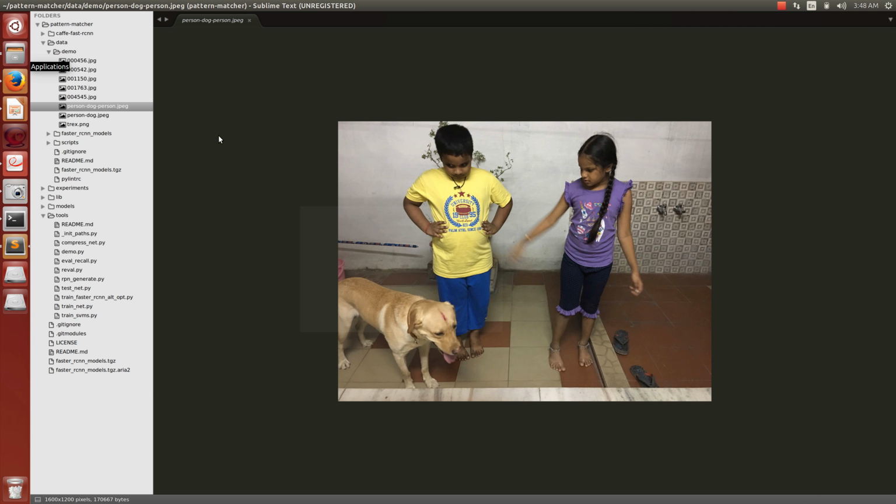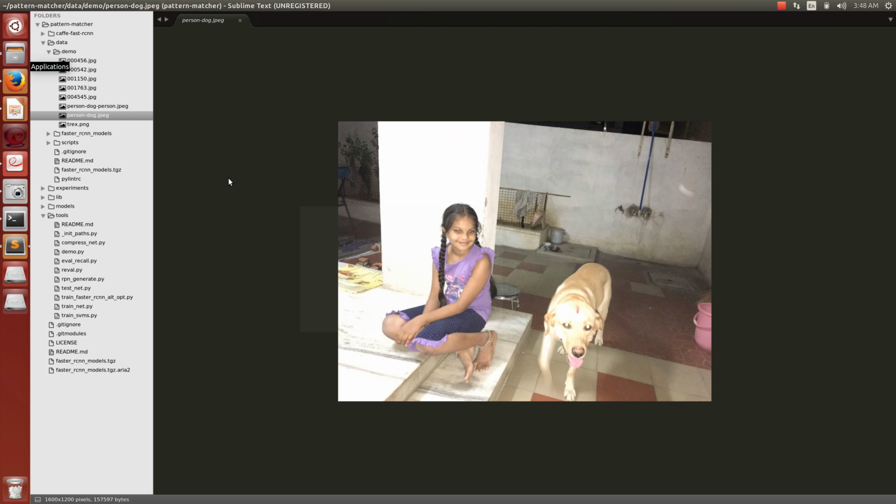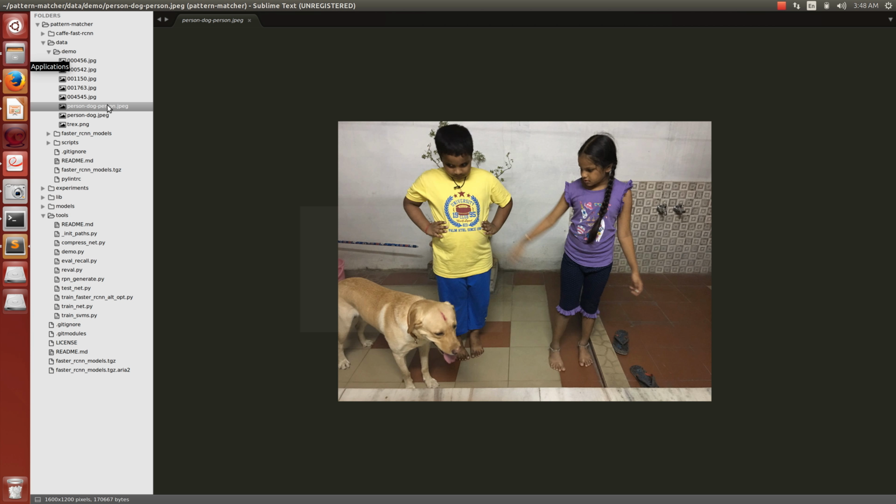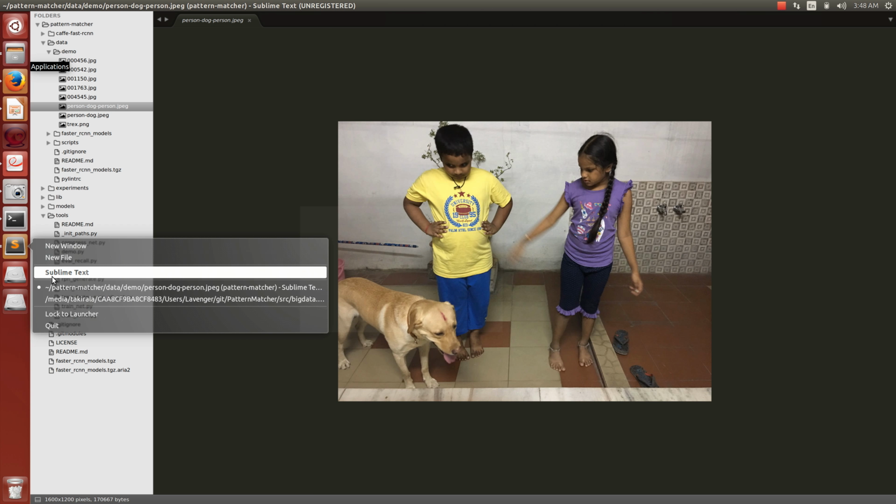Person dog person is this specific image in which you have 2 persons standing beside a dog, and then we have another, person dog.jpg, in which a person is sitting next to a dog, and then we have a T-Rex, which is an actual T-Rex image. So the idea is to make the computer predict these 2 persons, and then the dog, and then the T-Rex as well.